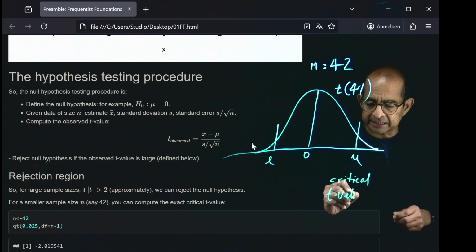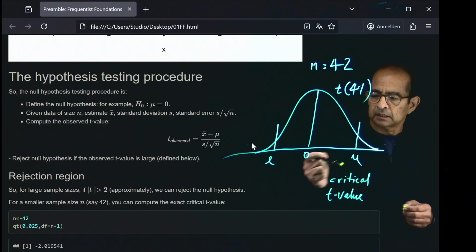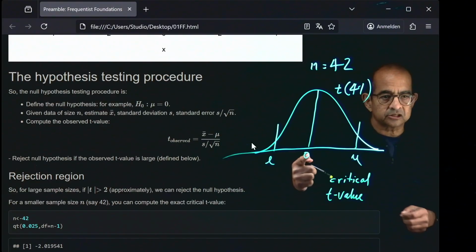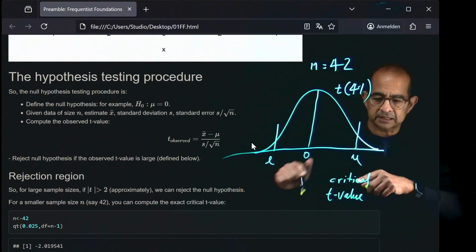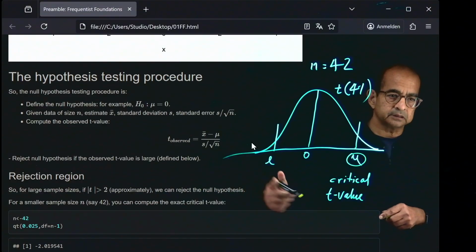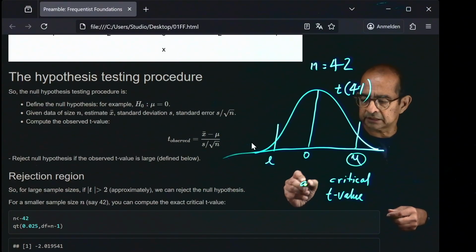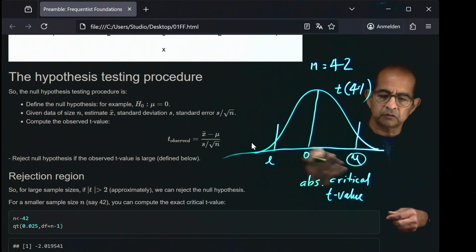I said critical t-value and not critical t-values because when the distribution is centered on 0, the t distribution is symmetric. So whatever number I have here, I have the negation of that number here. Let's just call the absolute critical t-value one number.